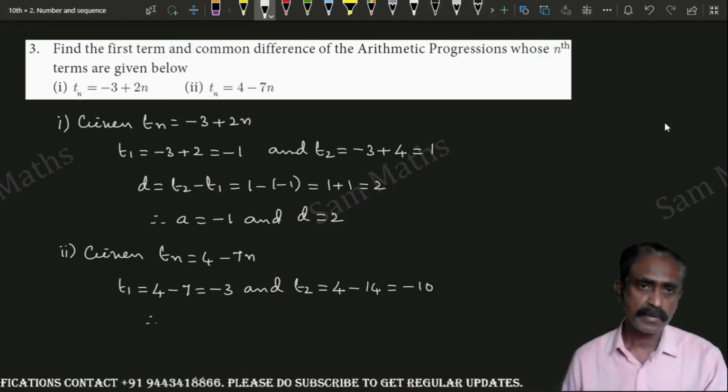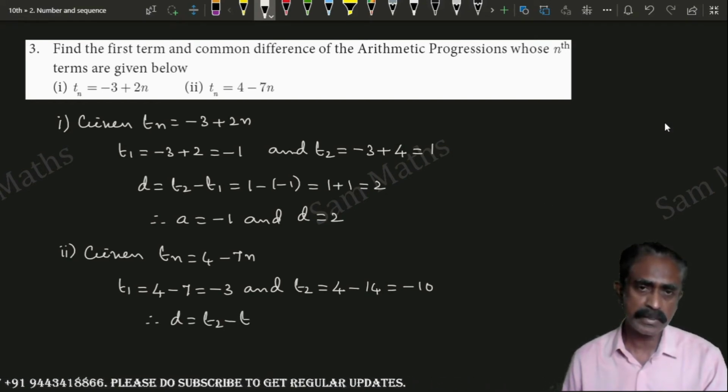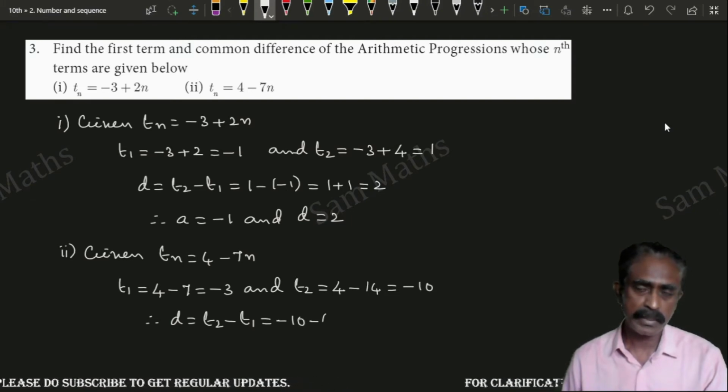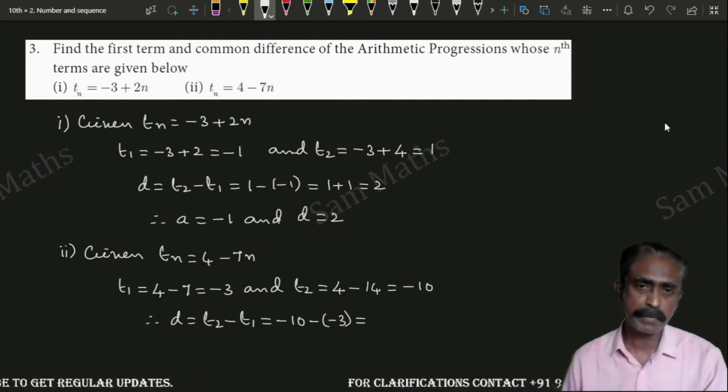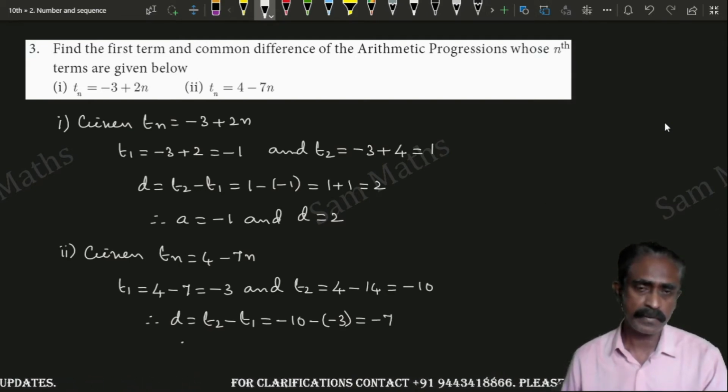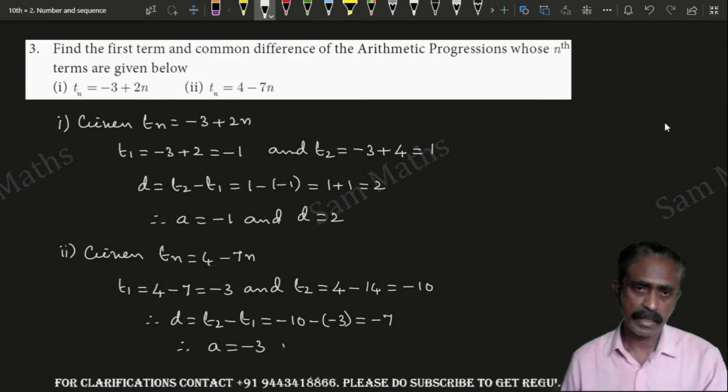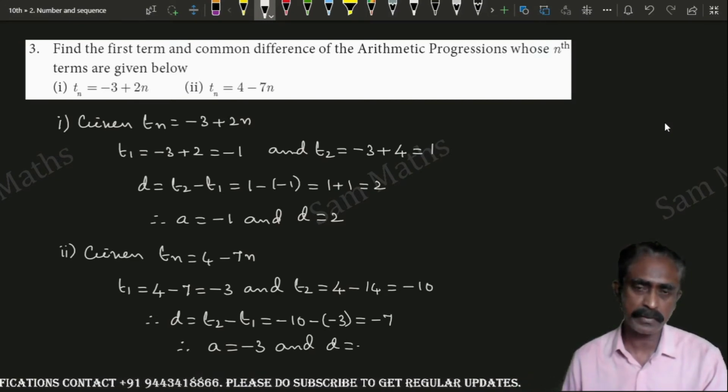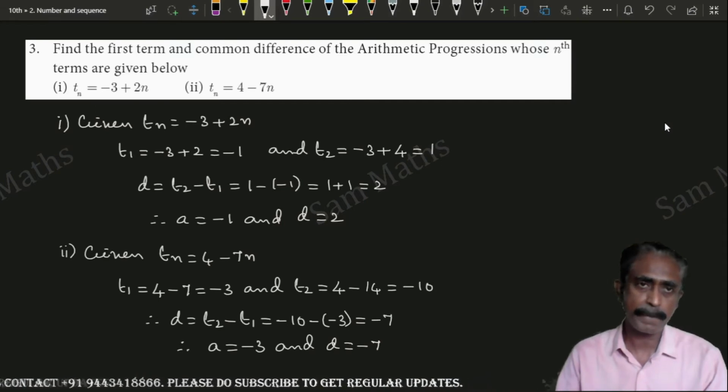Therefore, we are getting D is equal to T2 minus T1, that is minus 10 minus of minus 3, that is equal to minus 10 plus 3, that is minus 7. Therefore, the first term is T1, that is A, minus 3, and common difference D is equal to minus 7.